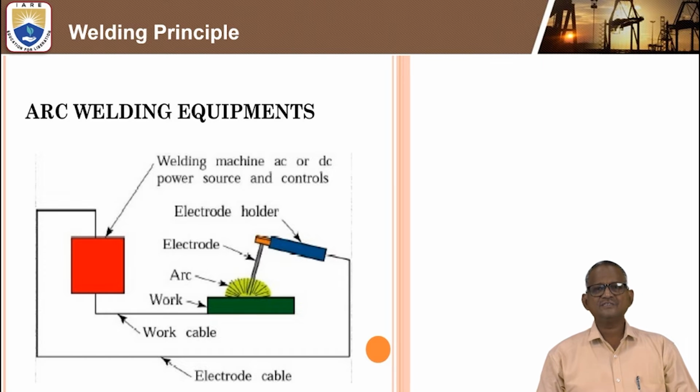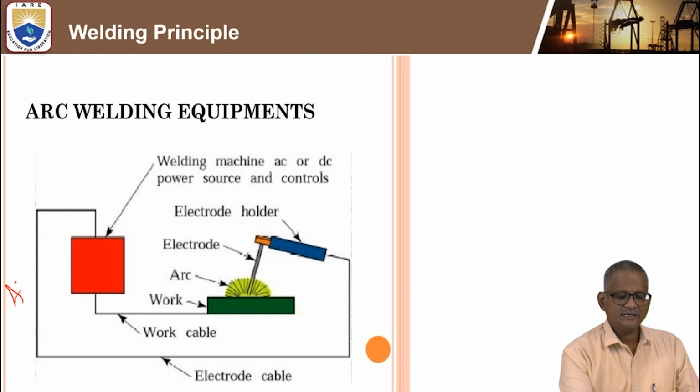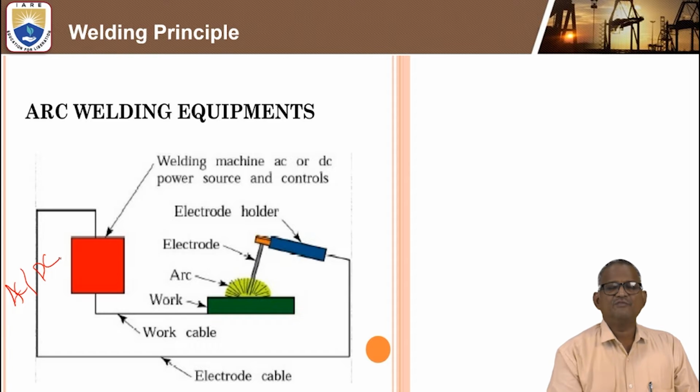First, the welding machine may be either AC or DC. In any arc welding process, we should provide either an AC or a DC welding machine.